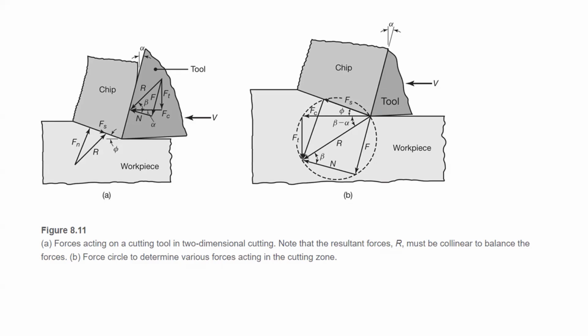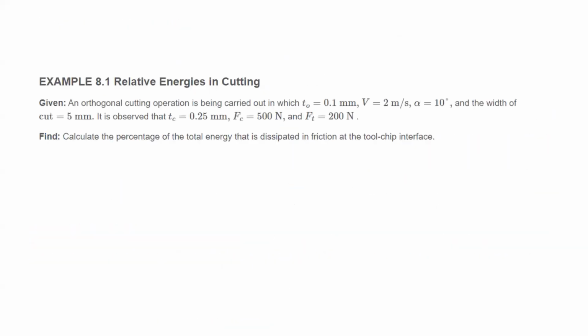I need to use this diagram and the same R, but I decompose it orthogonally into two rectangles. Based on this, FC is the cutting force, and I also record FC and FT. These two are orthogonal, in a right triangle.